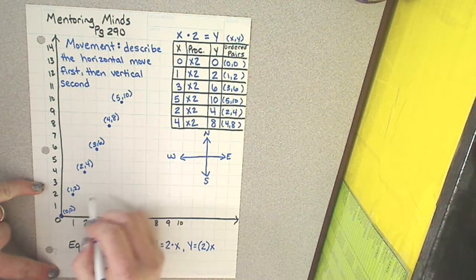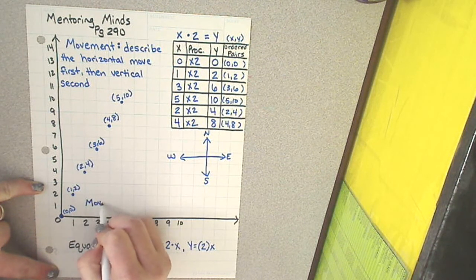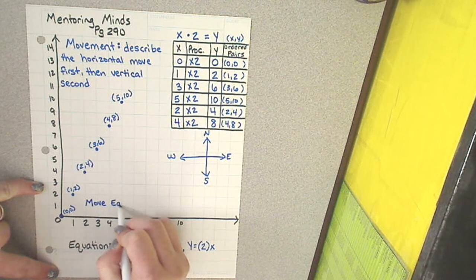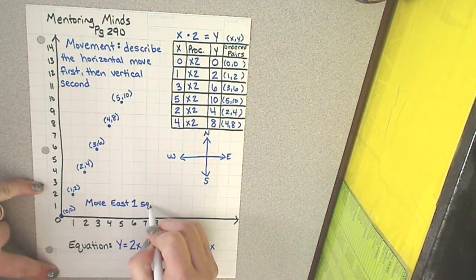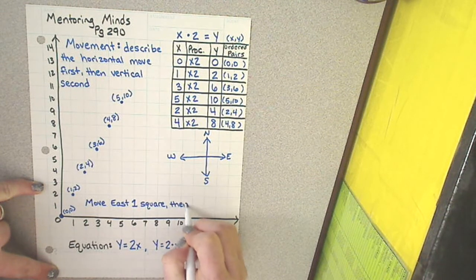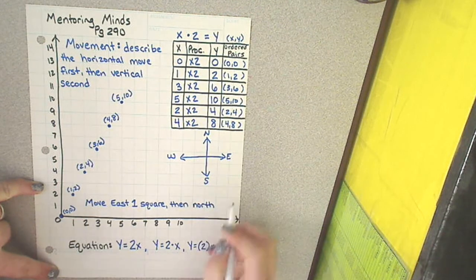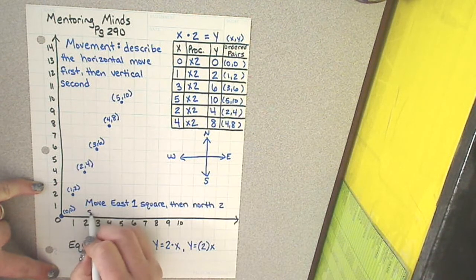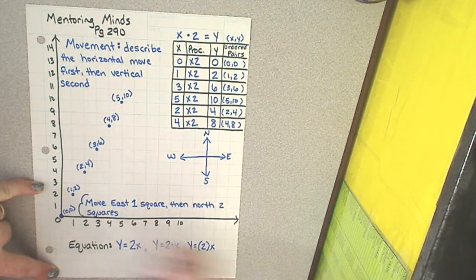So we can say move east 1 square, then north 2 squares. So that's one way we could describe this.